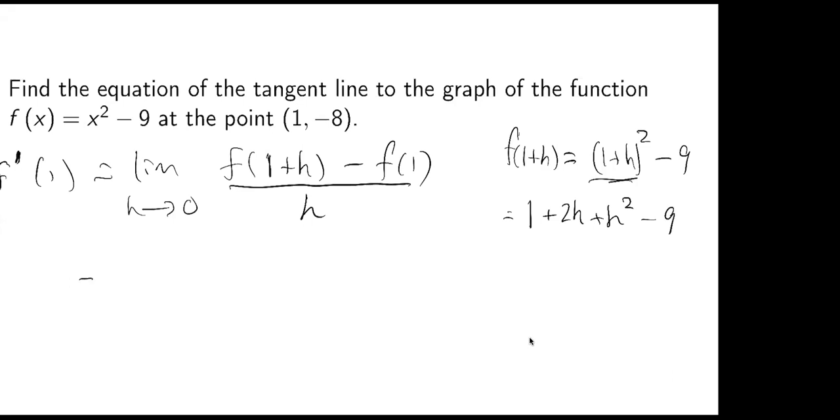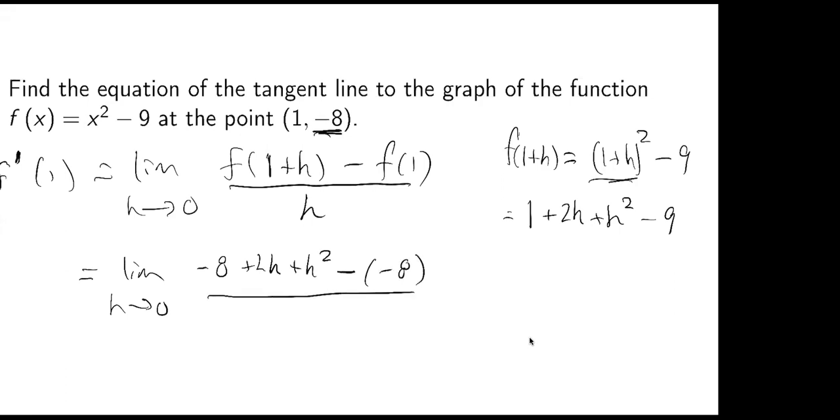Okay, so this is then the limit as h approaches 0 of, well, 1 minus 9, that's negative 8. So I'm going to get negative 8 plus 2h plus h squared minus f of 1. Well, I already know that that's negative 8. So minus another negative 8, all divided by h.